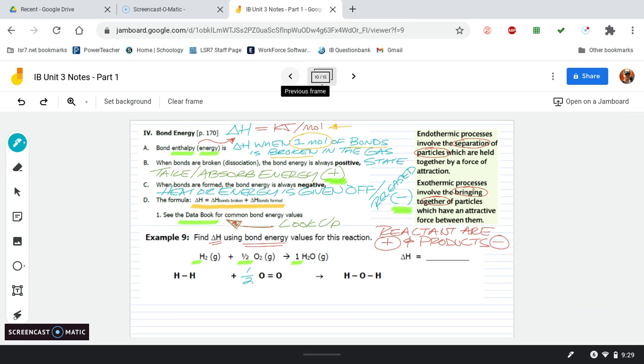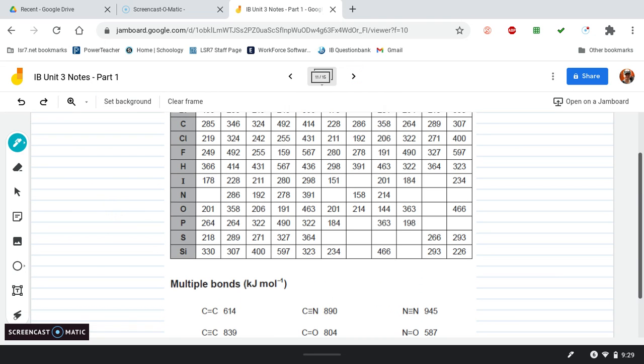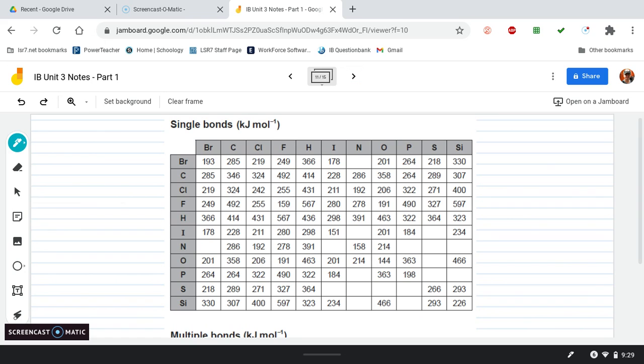We're looking for a hydrogen single bond, so let's find that over here. I'll use the highlighter here. So here's a hydrogen, and then we find the other hydrogen, and we just find where they meet, 436. So the hydrogen bond is 436.